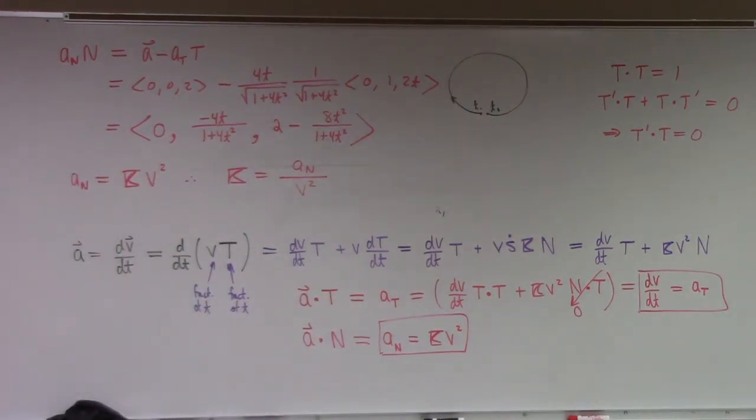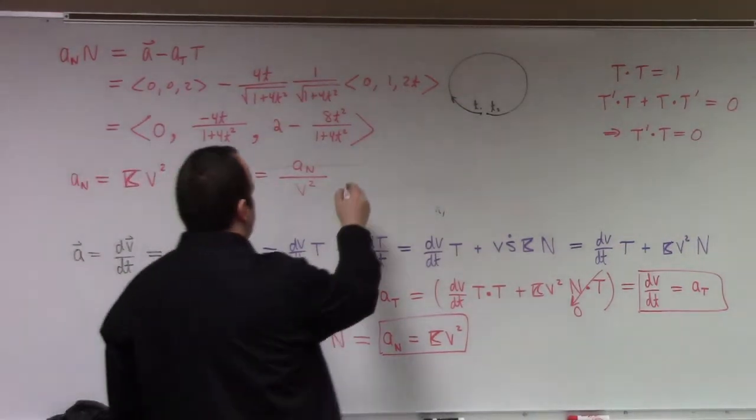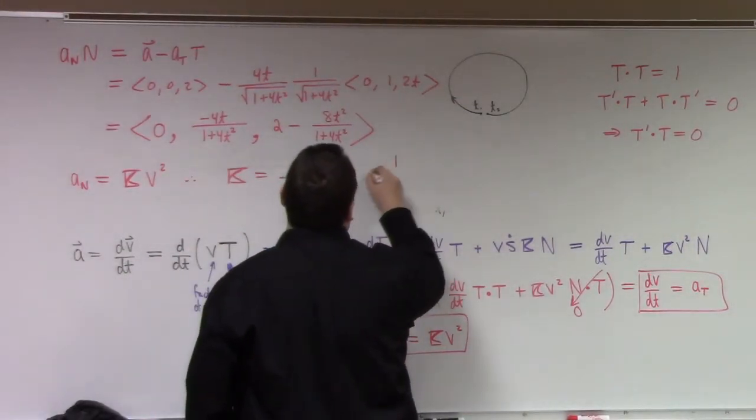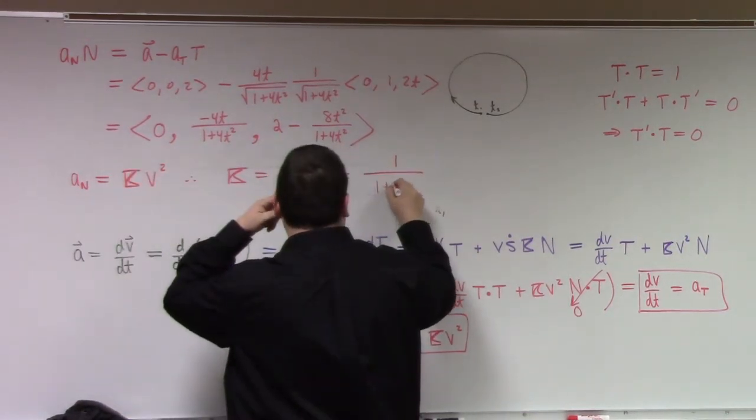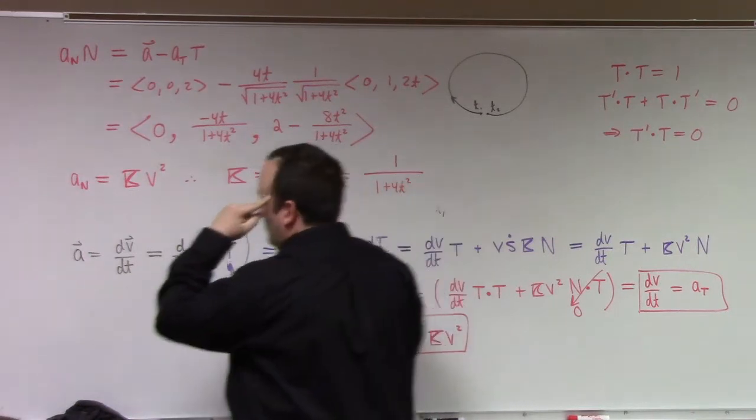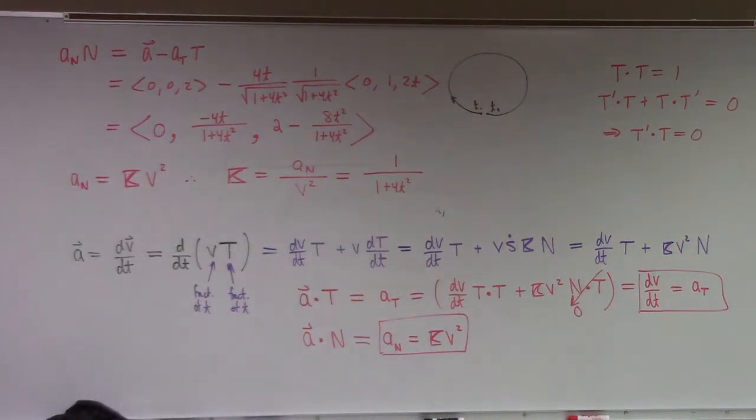What is a sub n? It's the magnitude of a sub n, right? The v here was the square root of 1 plus 4t squared, but if I square it, it gets rid of the square root. So it's 1 over v squared. What's the a sub n?